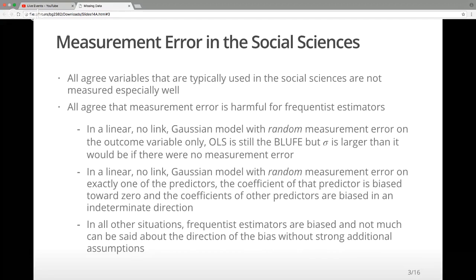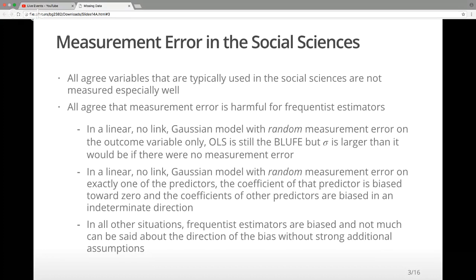So, if you're interested in the coefficient of the variable that has random measurement error in it, okay, it's biased towards 0. But if you do it and you still reject the null hypothesis, then okay, the true thing is probably even farther away. The expectation of the estimator is closer to 0, so it's reasonable to say that the true parameter is farther from 0.